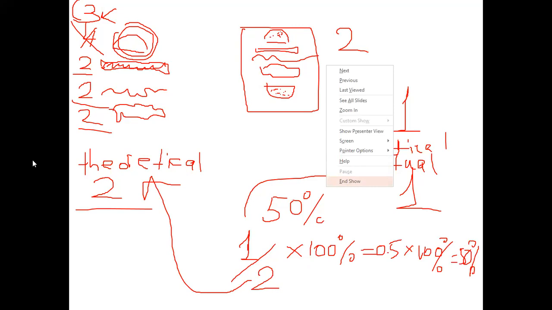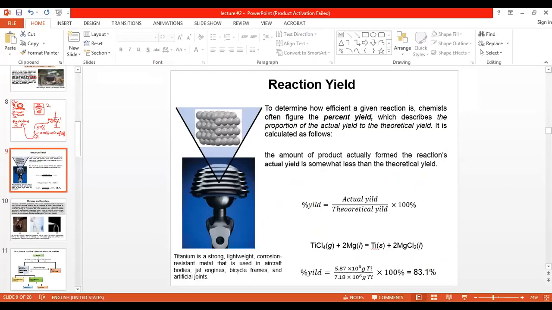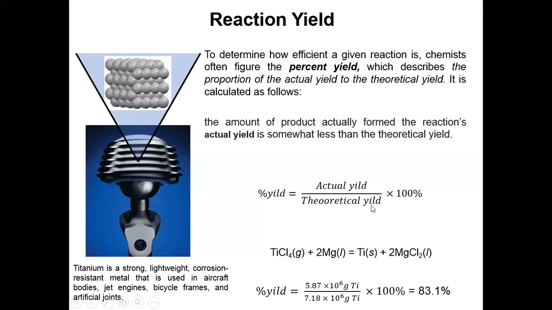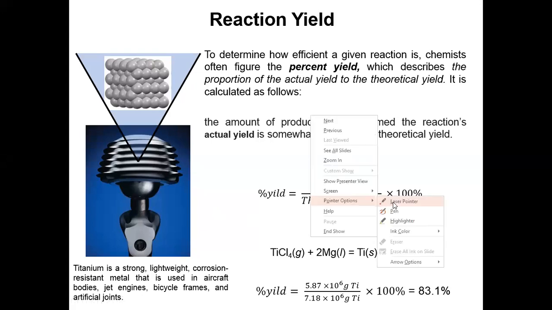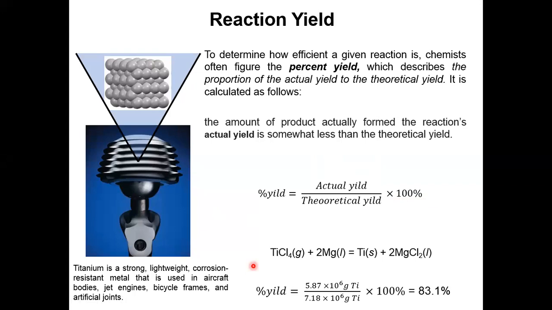So this is what reaction yield is, and this is how it is calculated. You have actual yield, you have theoretical yield, and you multiply by 100 and you get percent yield. How do you find theoretical or actual yield? You need to look at the equation.